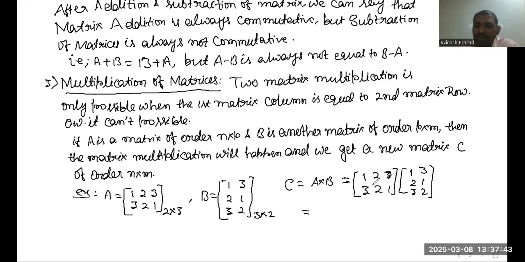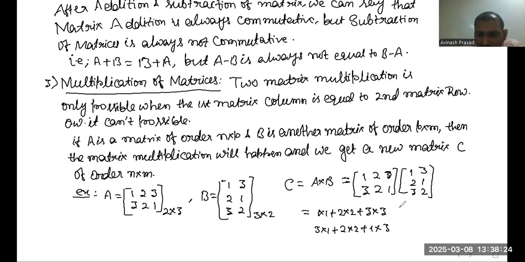We are going to multiply the first matrix row with the second matrix column. So 1 into 1, plus 2 into 2, plus 3 into 3. Then again 3 into 1 plus 2 into 2 plus 1 into 3.